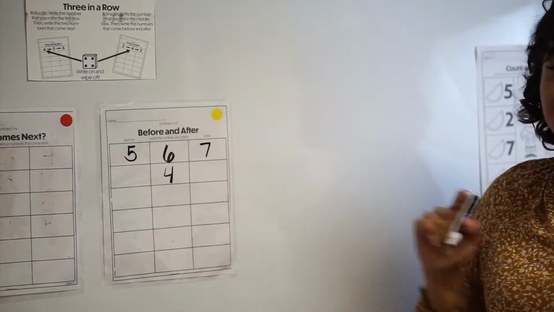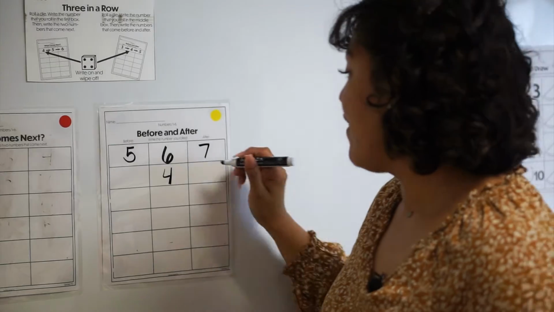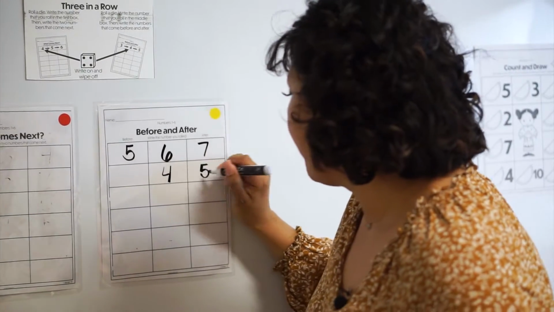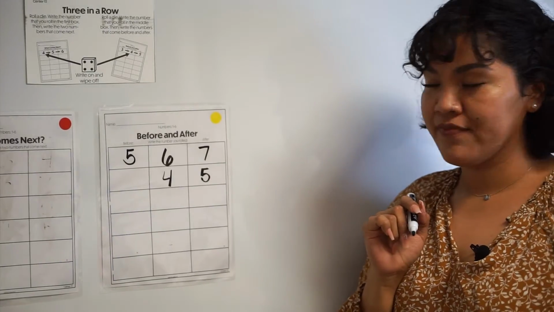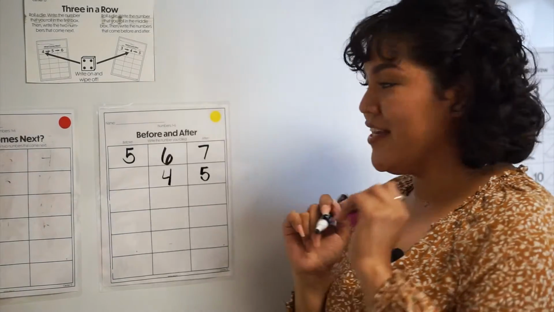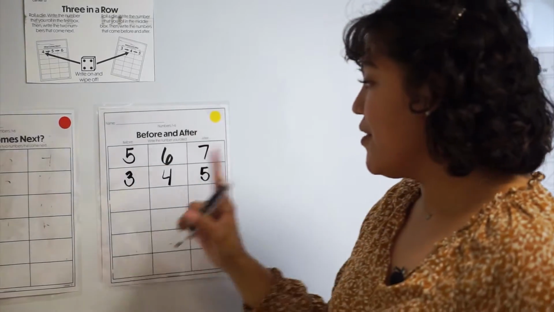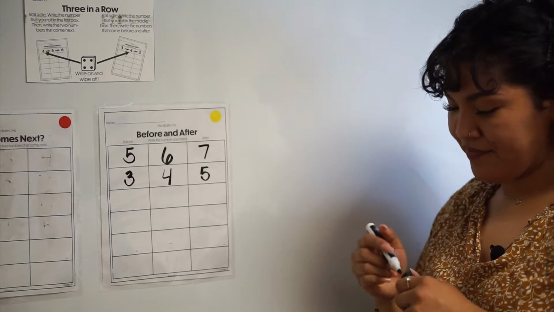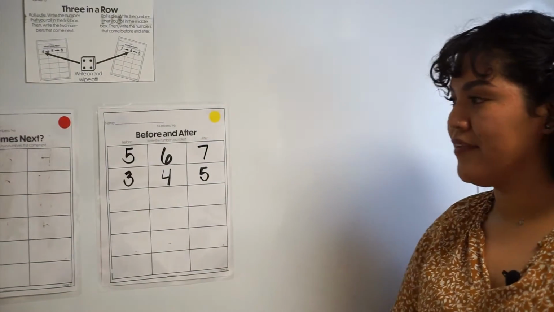What comes after 4? 5. 5 comes after 4. What comes before 4? 3. 3 comes before 4. So we have 3, 4, and 5. Okay, let's do it 2 more times.